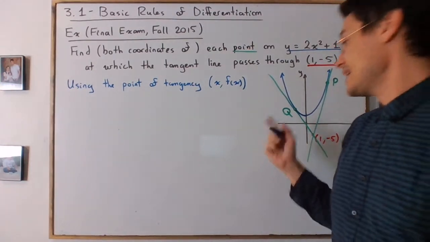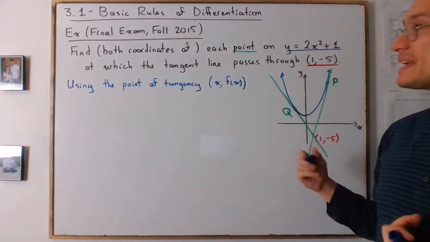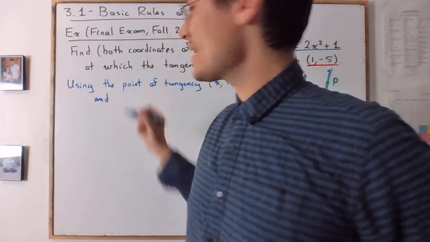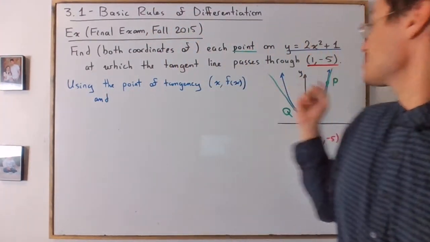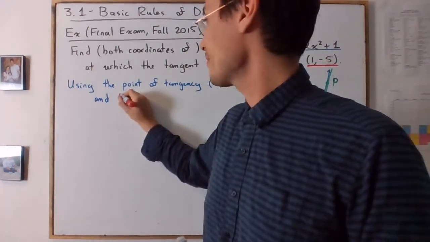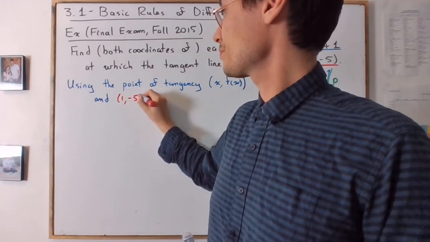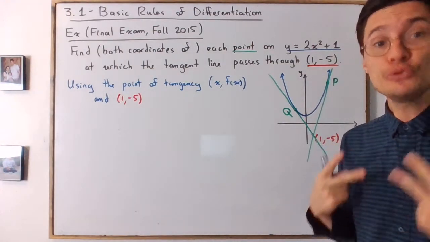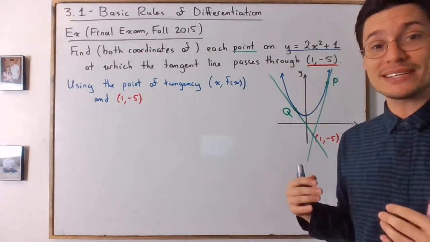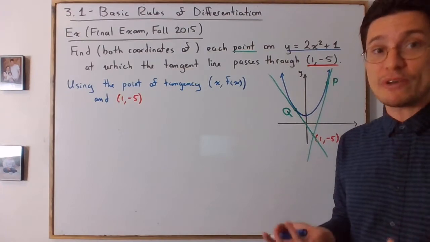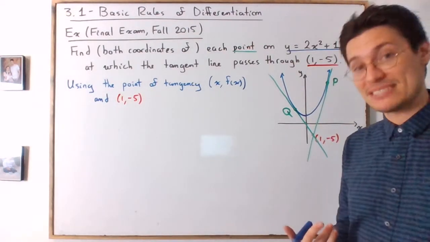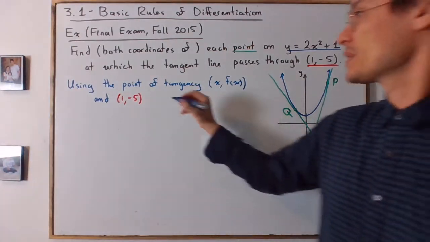We don't know what it is yet. It corresponds to P and Q. And we're also using the point that we're given, (1, -5). We can find the slope of these lines in 2 different ways. And the idea is that regardless of the way we find the slope of the green line, it has to match. It has to give the same answer, okay?